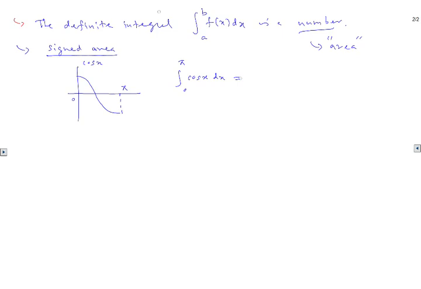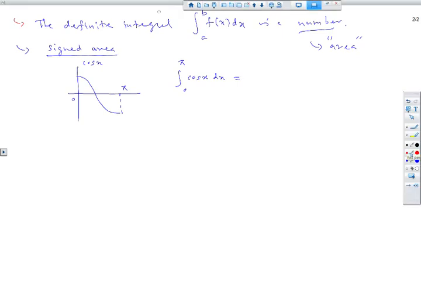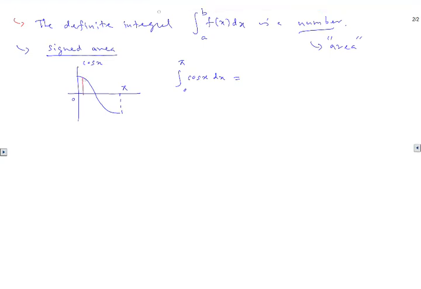So let's try to understand what's going on here. We do the same thing. We're going to strip this into small rectangles. Let's say you get a typical rectangle here. You can see that the height is positive. I'm going to call the x value here x1, so f(x1) is a positive value.